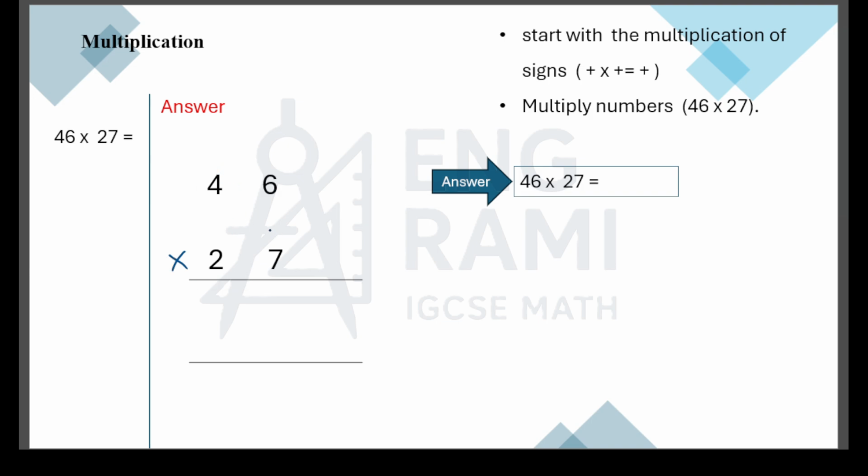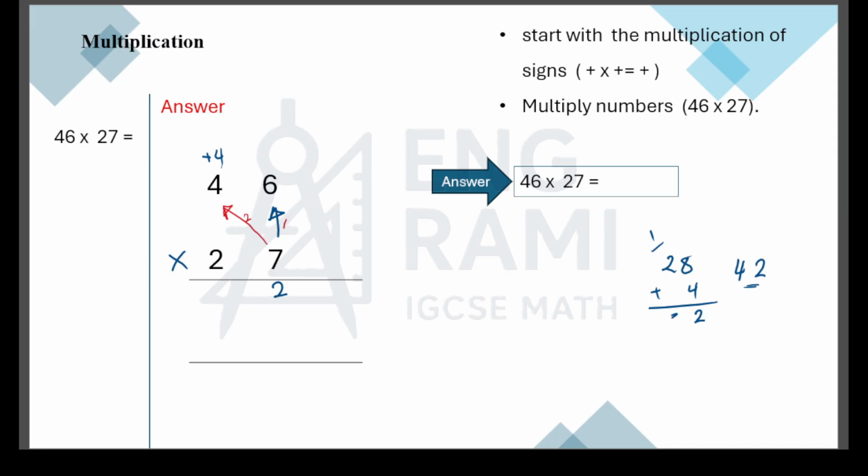Then we have to start with the ones. 7 times 6, and the second thing we have to write 7 times 4. 7 times 6 equals 42. We have to write the 2, add 4 here. 7 times 4 equals 28, but plus 4. Then equals 28 plus 4 equals 32.